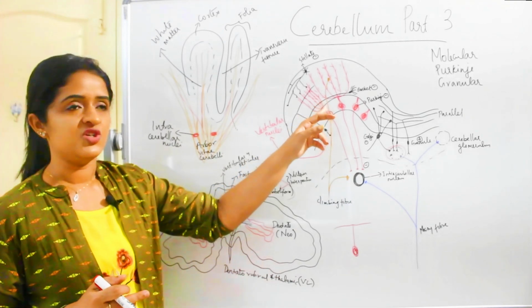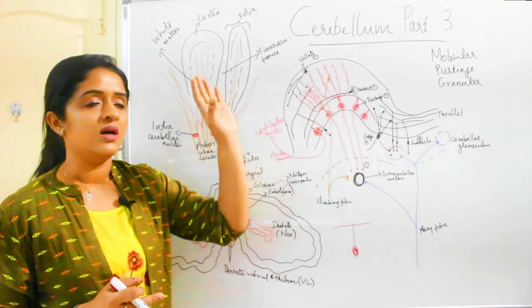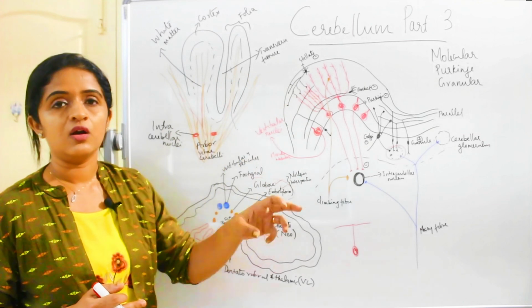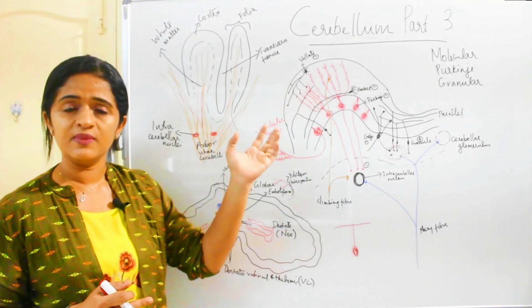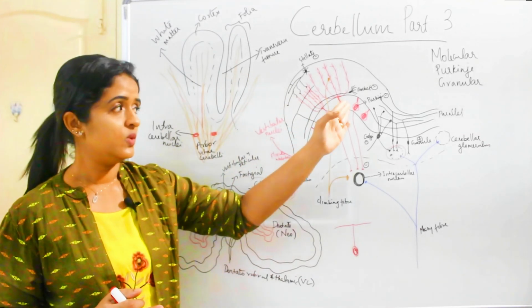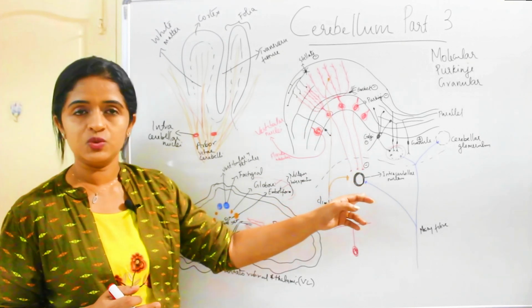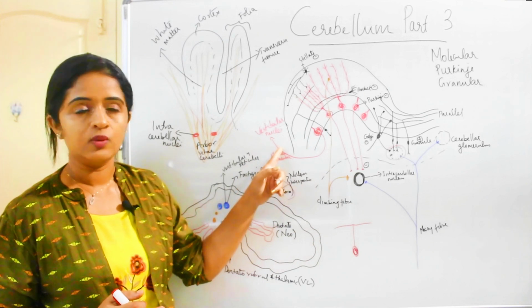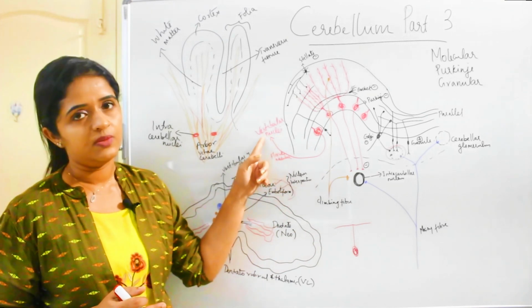When we mention the Purkinje cells, all the efferents from the cerebellar cortex come from the Purkinje cell through its axon, and they meet in the intracerebellar nuclei, except those from the flocculonodular lobe, which go directly to the vestibular nucleus.